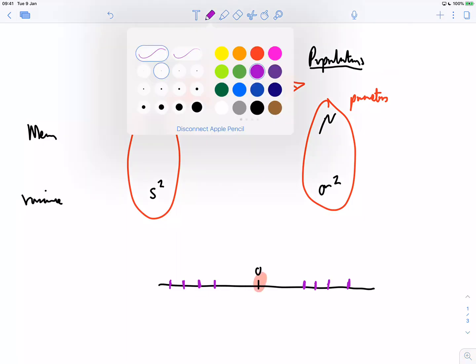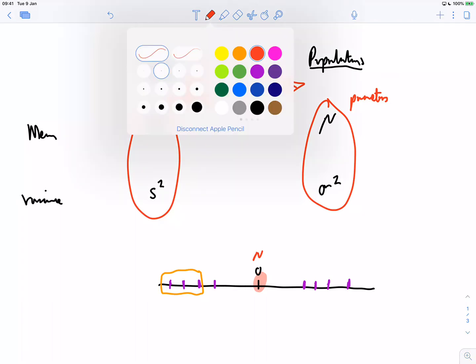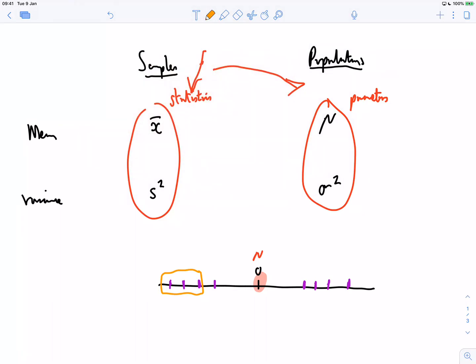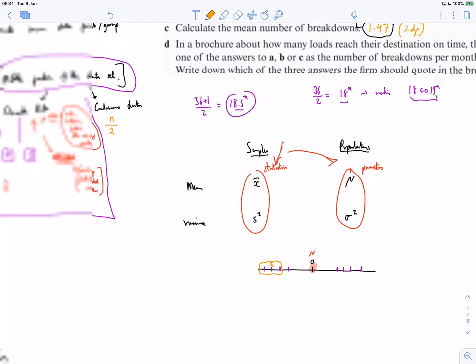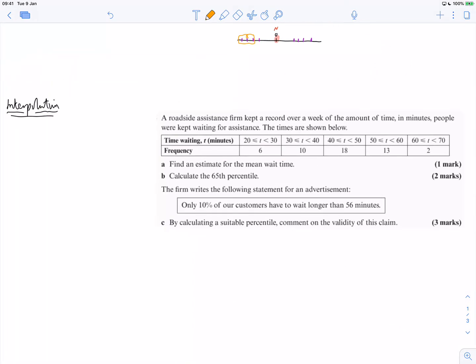But let's suppose I take a smaller sample of, say, these 3. So the mean for this population would be about 0, but the mean for the sample might be about here on the number line. It might be a negative number, and clearly it's biased because of how you took the sample. They're not necessarily the same thing. You learn how to correct that to some degree later on.